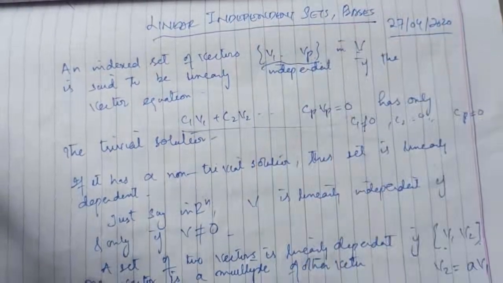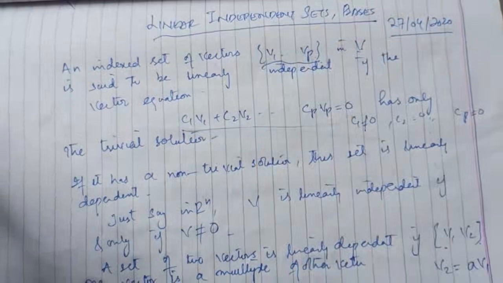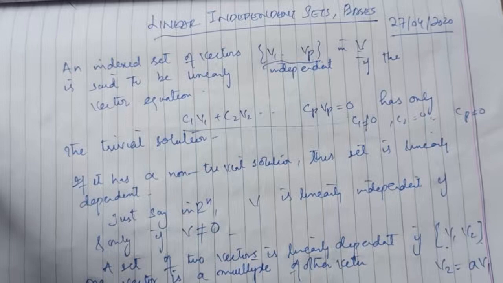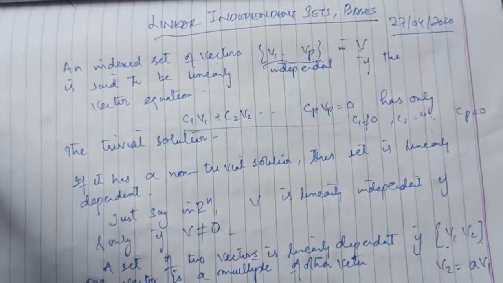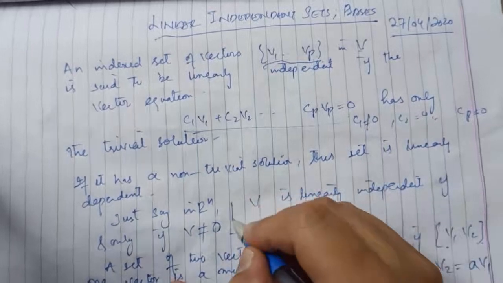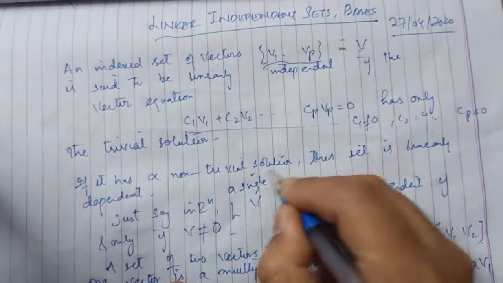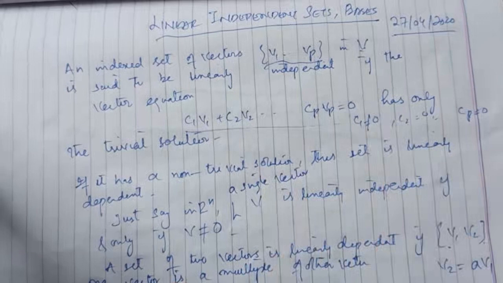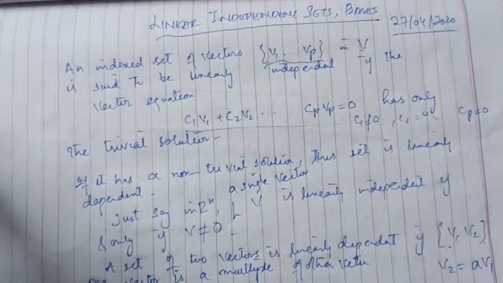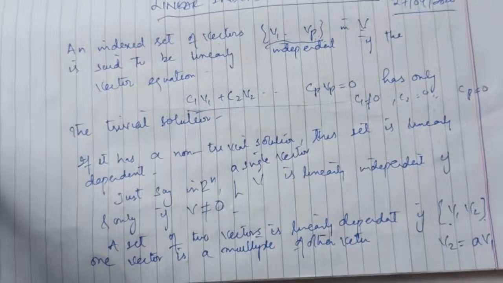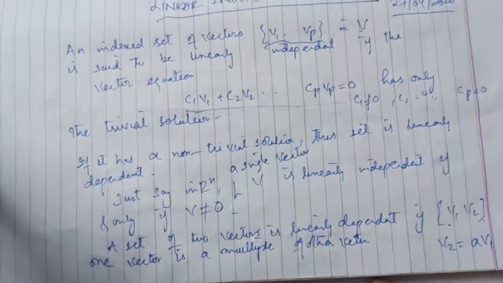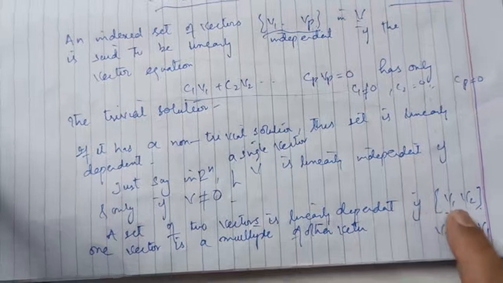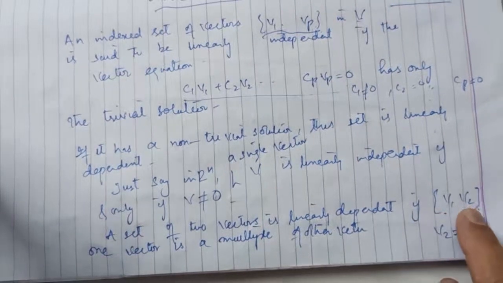Now to give you an example, a single vector is linearly independent if and only if it is not equal to 0. But if there are two vectors, they are said to be linearly dependent if one vector can be written in the form of the other.